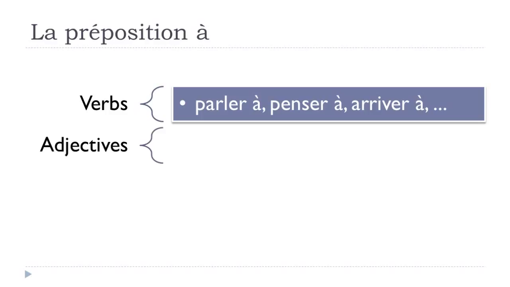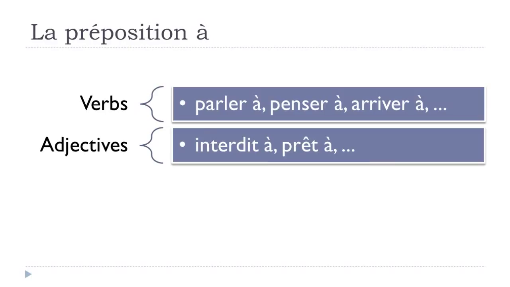Okay, so same thing, you can combine this preposition à with adjectives. For instance, interdit à, or then prêt à. Interdit, it's forbidden. Prêt, ready. Okay, so in that case, you should combine these adjectives with the preposition à. So it's possible to use this preposition à when you want to express how something is done.